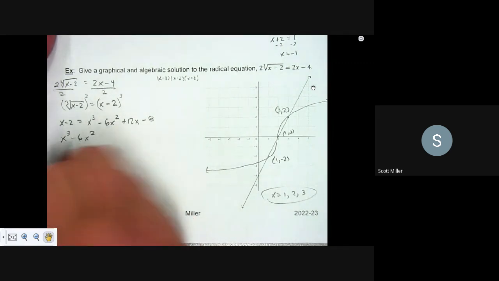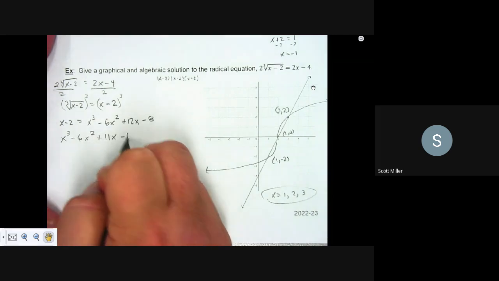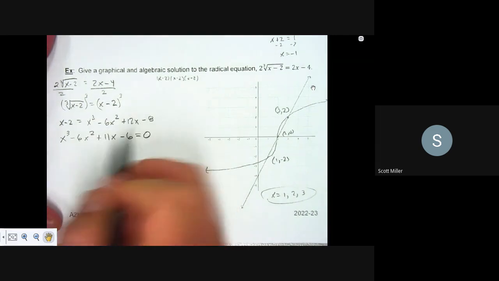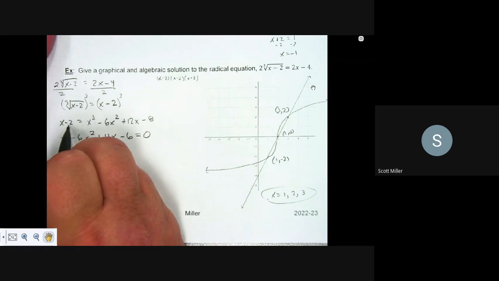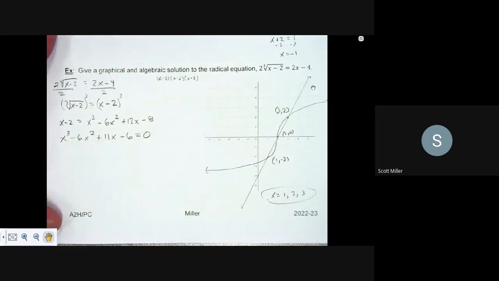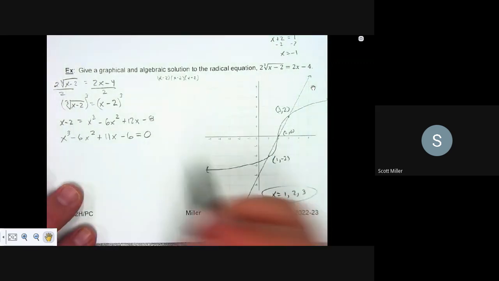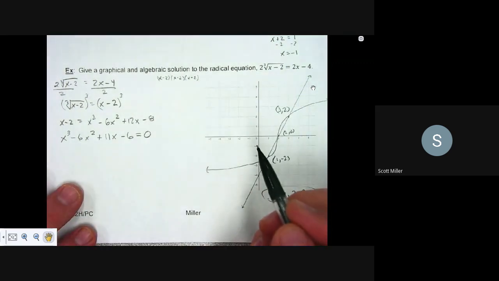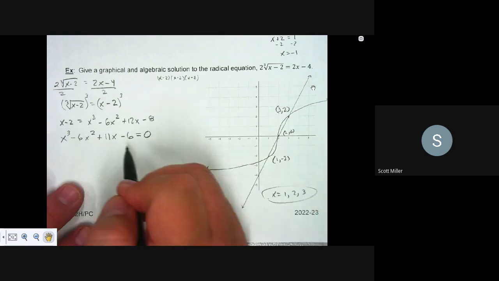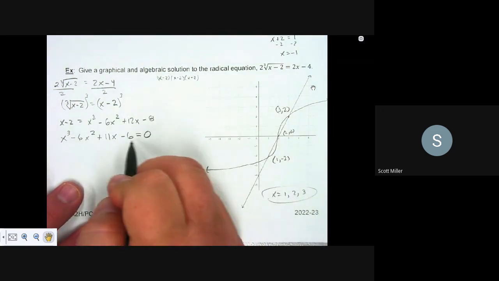I put it on the left side and changed all the signs appropriately. So if you understand what I've done here, just subtract this, add that to both sides, it'll be equal to 0, and this is what you're going to have. And then we need to use our polynomial techniques to factor this. You can do what we did in the past with the possible rational zeros. You have to go through that process.